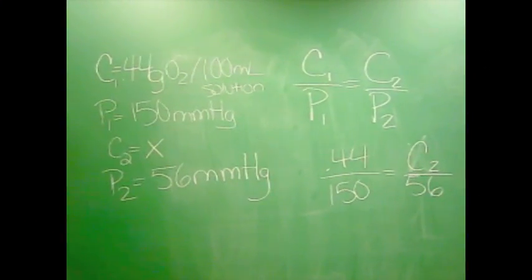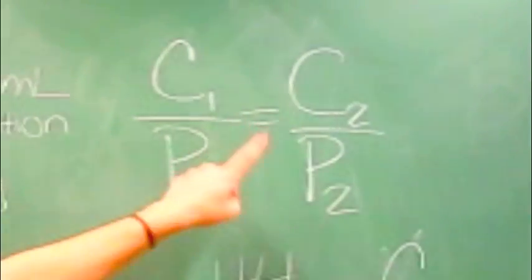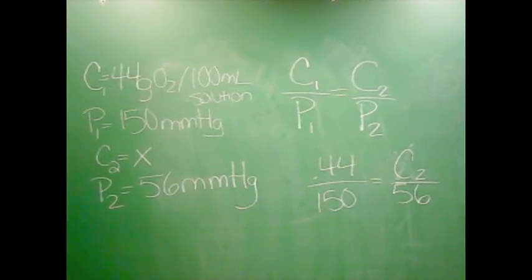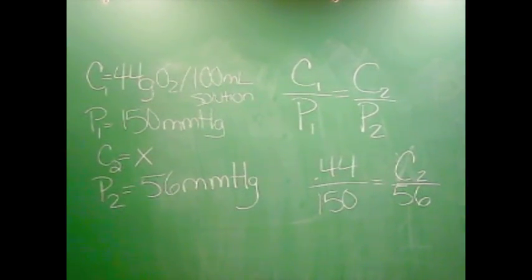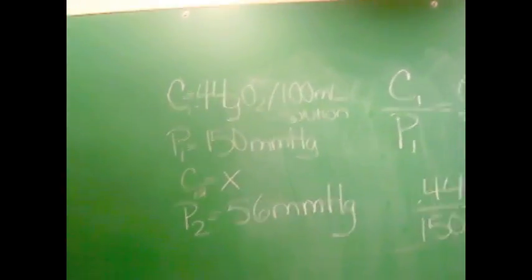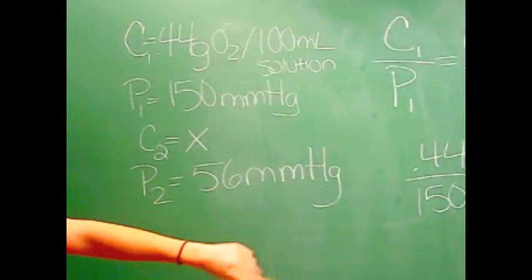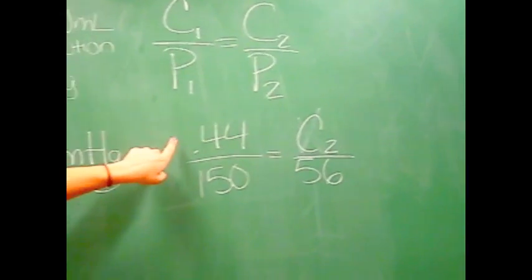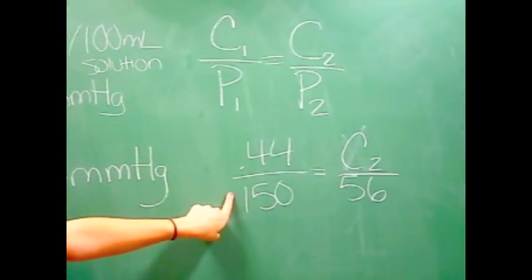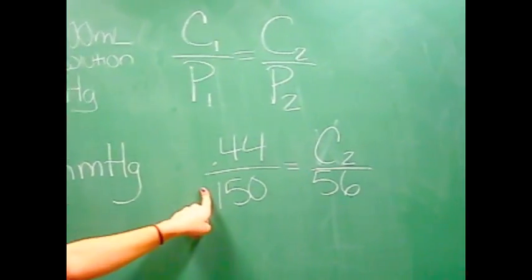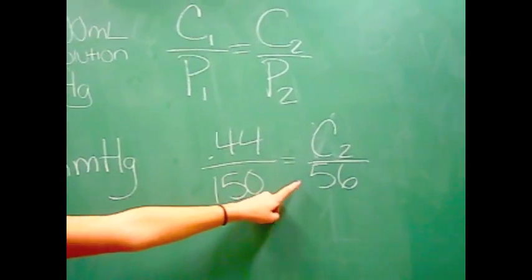For Henry's law, the formula that we use is C1 over P1 equals C2 over P2. C1 would be the initial concentration of the gas in a solution, and P1 is the initial pressure exerted on the solution. So using the formula, we use the first concentration, which is 0.44, over the 150 for the pressure, equals the second concentration, which we don't know, over the second pressure.